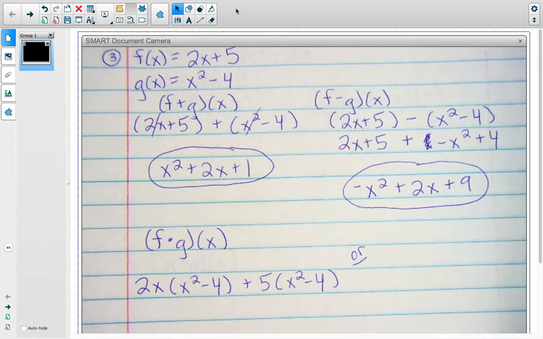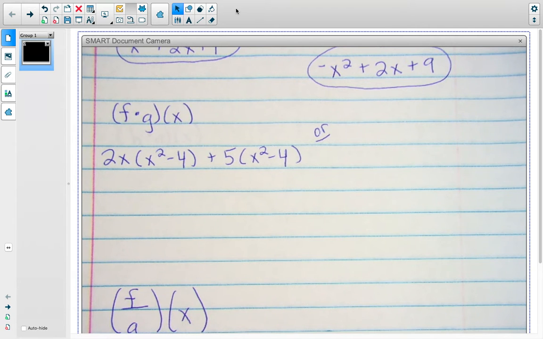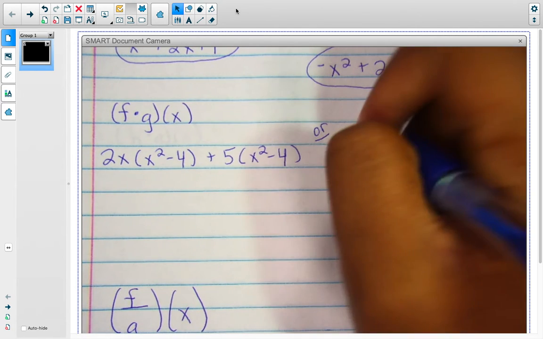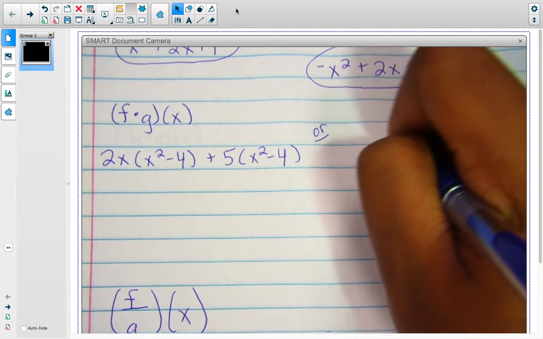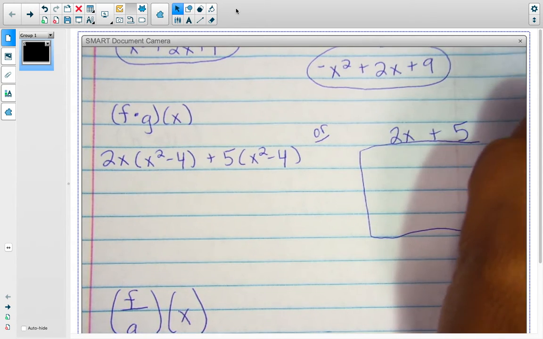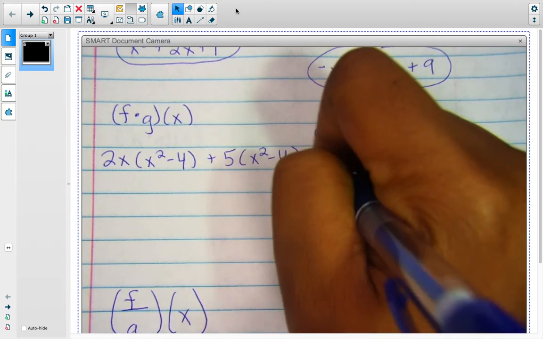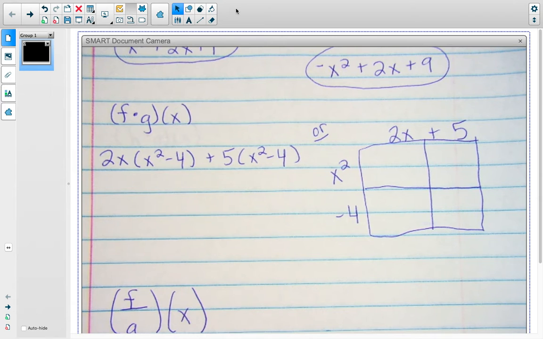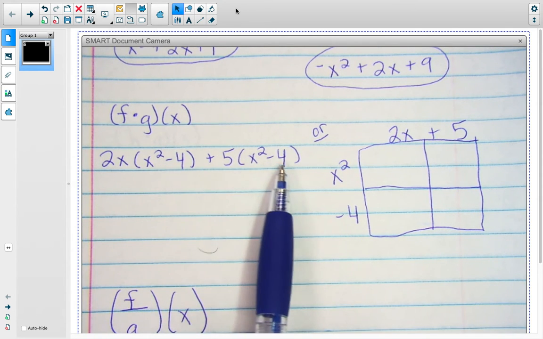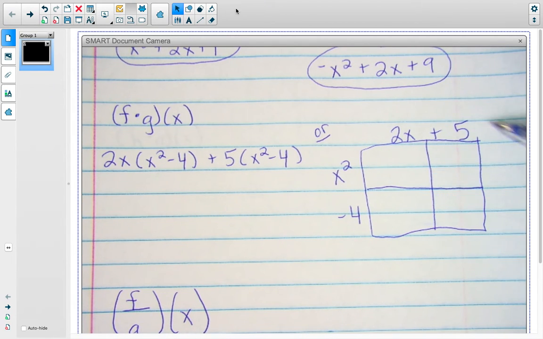So option 1 is the distributive property, or if you like to do box method, 2x plus 5 times x squared minus 4. Both ways are going to give us the exact same answer. This way is the distributive property, and the way on the right-hand side is the box method.